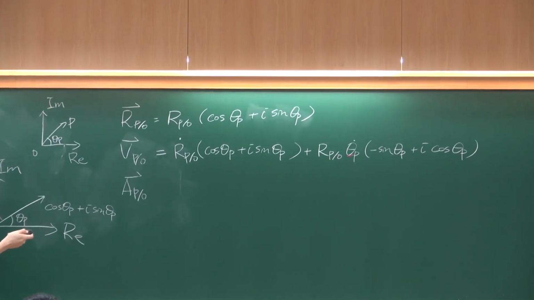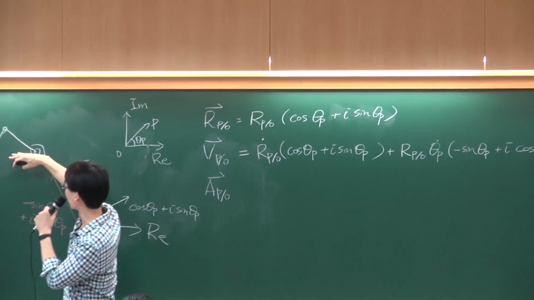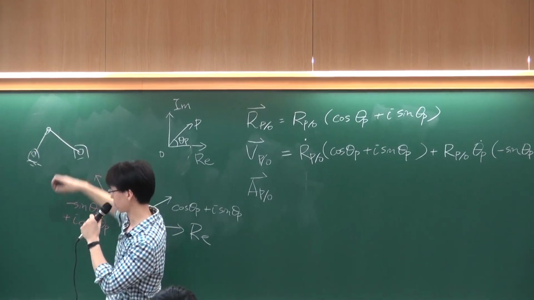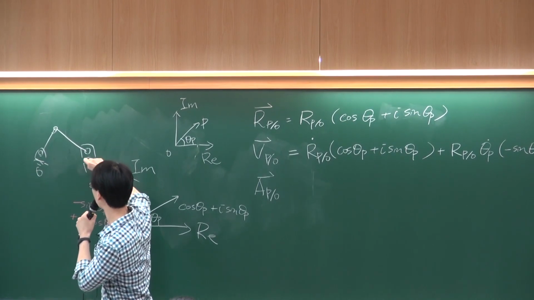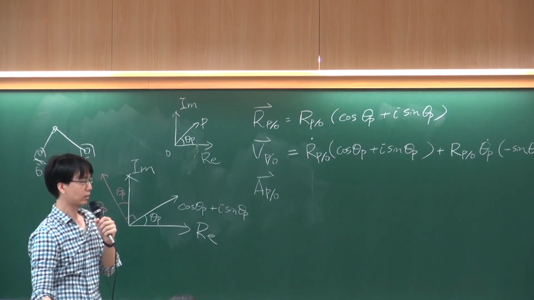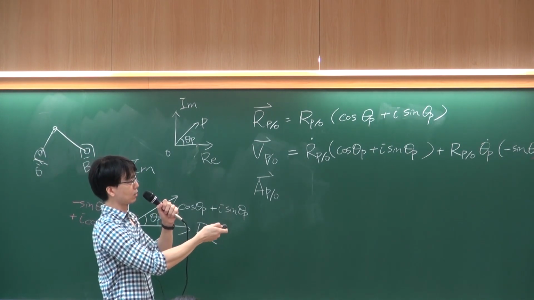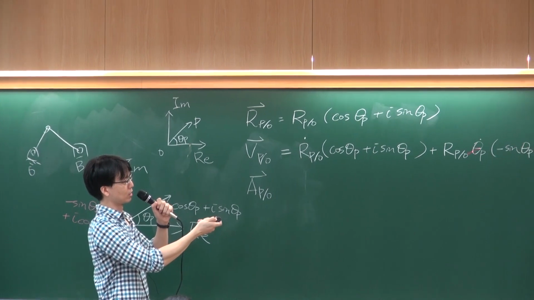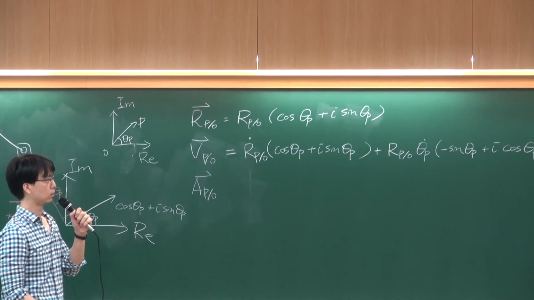And the second part is r times theta p dot. For this slider, because the direction of OB never changes, the theta for OB never changes. So we won't have this component, as theta p dot is going to be 0.